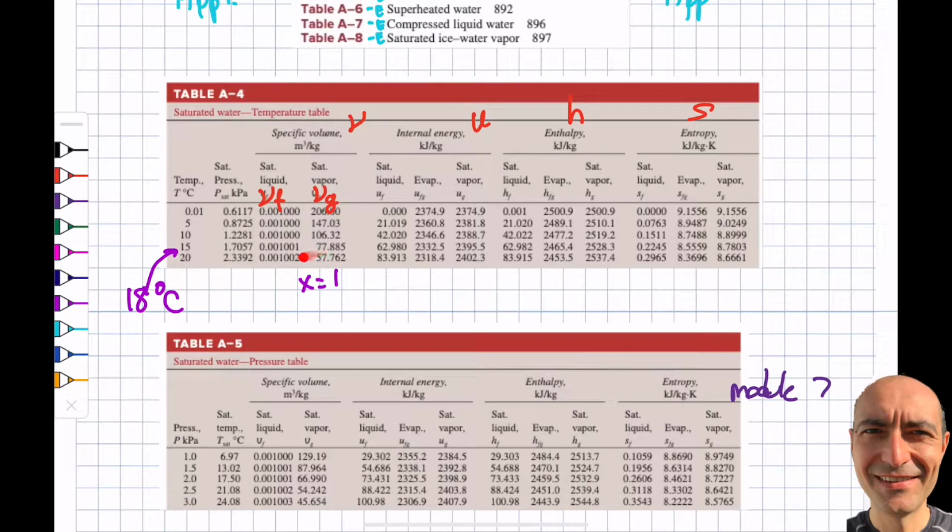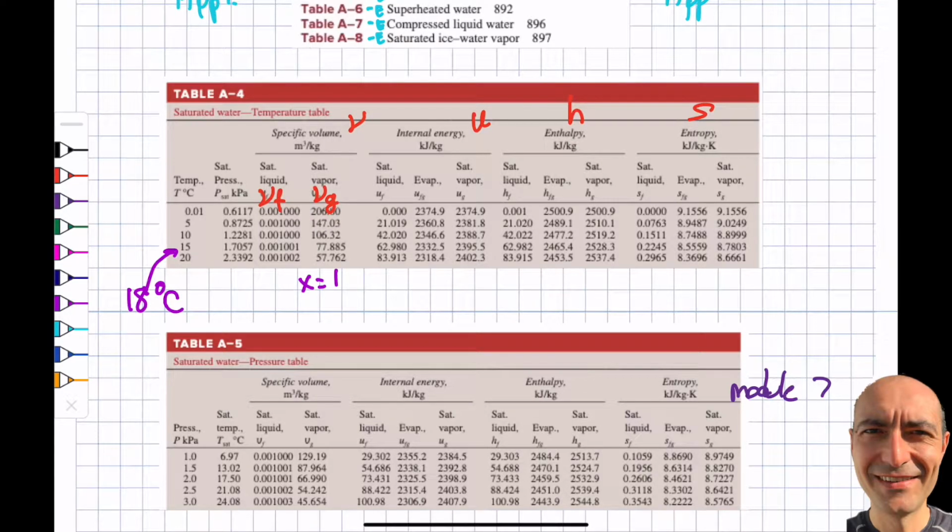Where am I in between those two? I'm saying that you're right over here. So the question I have for you is, if I'm asking you the specific volume for the saturated vapor state, what is it? Is it 77? Is it 57? The 18 is kind of closer to 20, so is it going to be 57? Or maybe just change it a bit, call it 60? No, that's not going to fly.